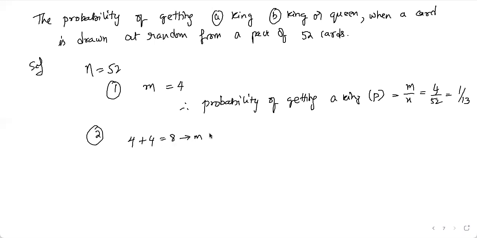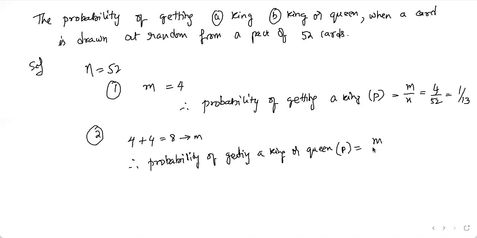So therefore the probability of getting a king or queen is m by n, which is 8 by 52, which is 2 by 13.